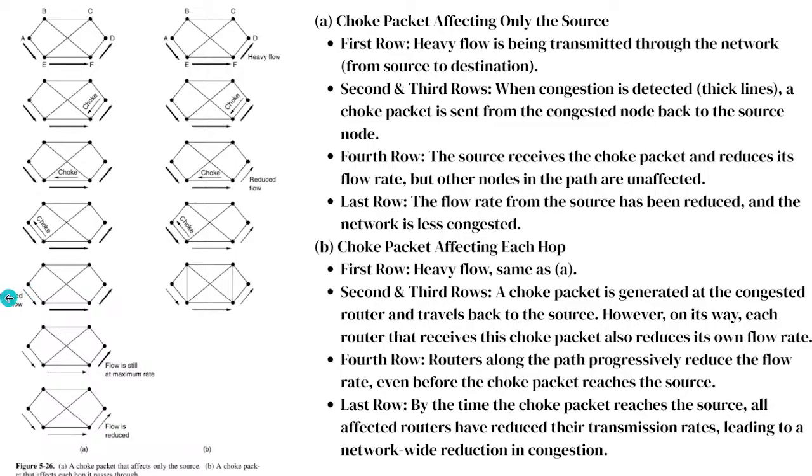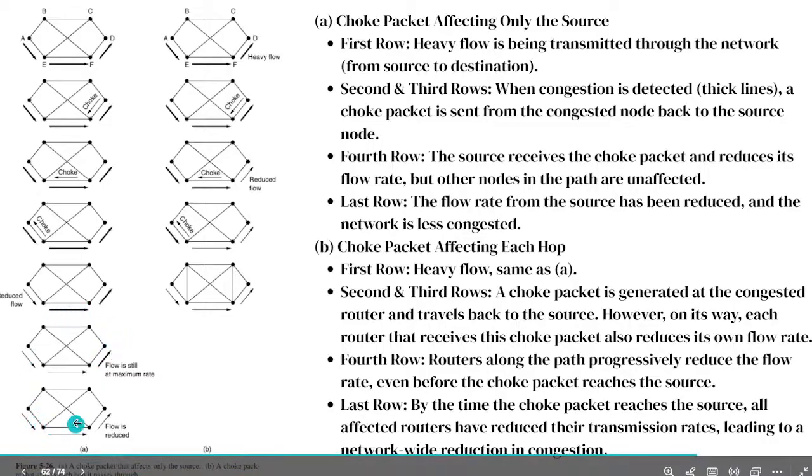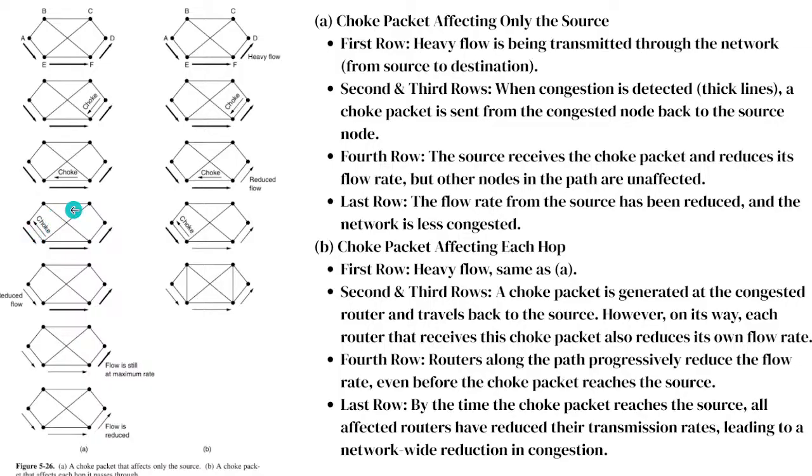Once it reduces the flow, the flow from the source has been reduced, and the network is now less congested. The flow is no longer at the maximum rate, it is at a lower speed. So the choke was identified and it was removed without any issue.